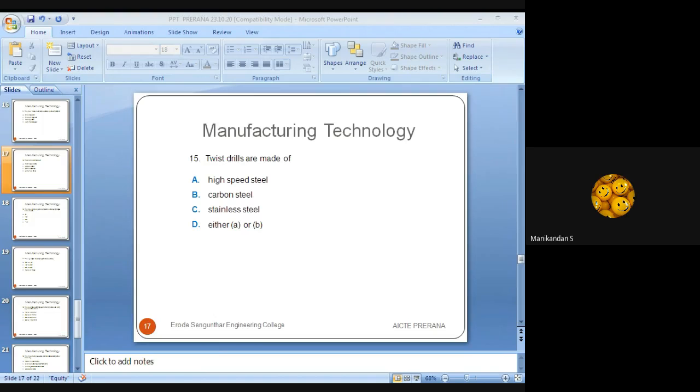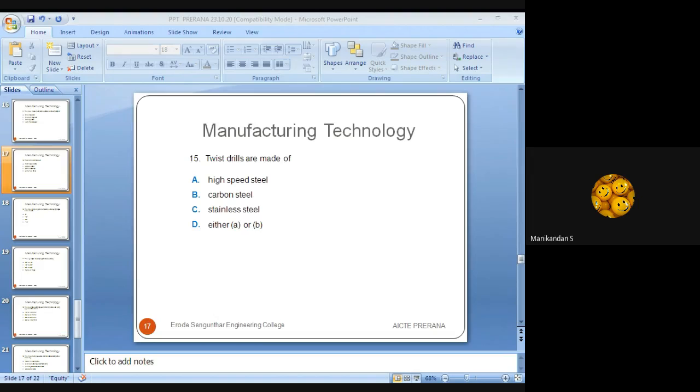Twist drills have a threaded shape and rotate at high speed when drilling. So high speed steel and carbon steel are used because of high strength and high speed. Okay, that's the main purpose. Stainless steel's hardness is low because of low carbon content, and also it is ductile in nature.